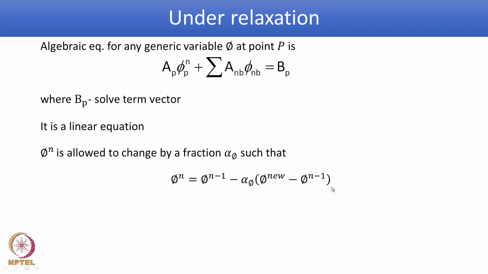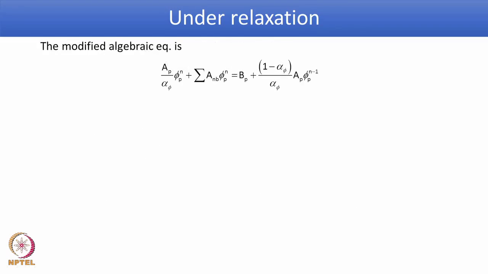This difference, phi_new minus phi^(n-1), tells how much change has happened between the last iteration or last time value and the current iteration or current time value. You take a fraction of it, which is given by the factor alpha, and add it to the old value, where phi_new is given by the previous expression as shown here.